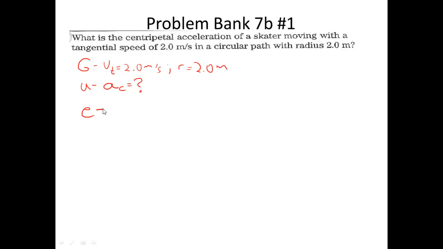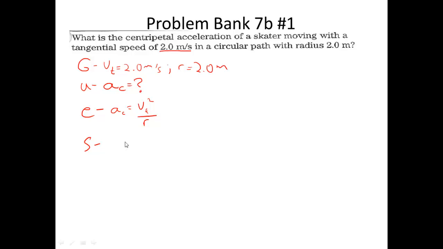Our equation is going to be one of two centripetal acceleration equations, and because we were given a tangential speed, or a linear velocity, we will use the equation a sub c, the centripetal acceleration, center seeking acceleration, is equal to v sub t squared divided by the radius.